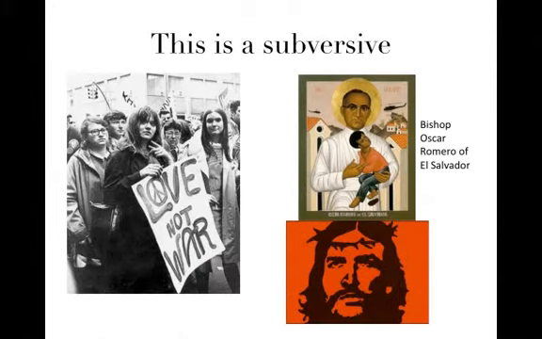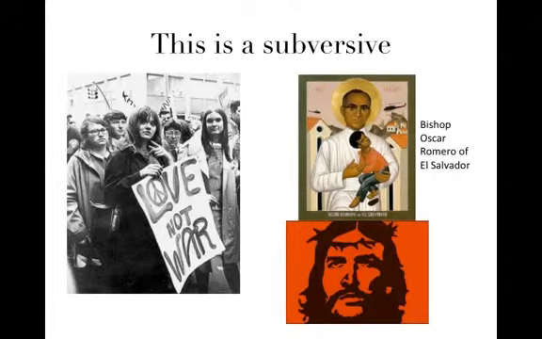The demonstrating students holding signs of make love, not war. Bishop Oscar Romero of El Salvador, who argued that the role of the church was to help the poor, not to collude with government in marginalizing them.